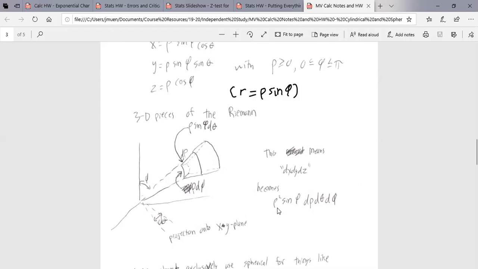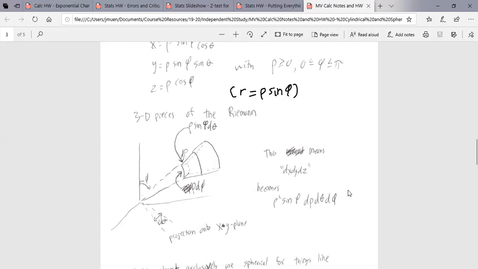So this just becomes rho sine of phi d theta times rho d phi times d rho. Multiplying this all out, we get rho squared sine of phi d rho d theta d phi.